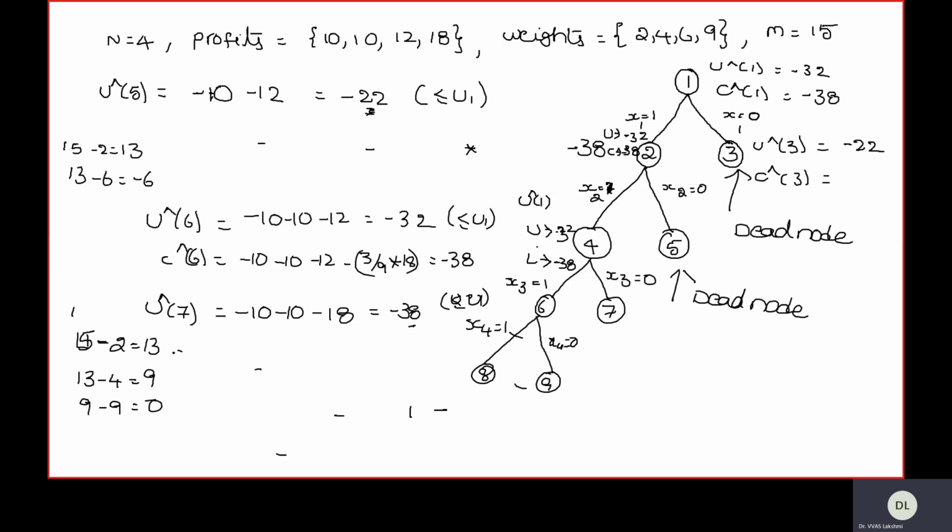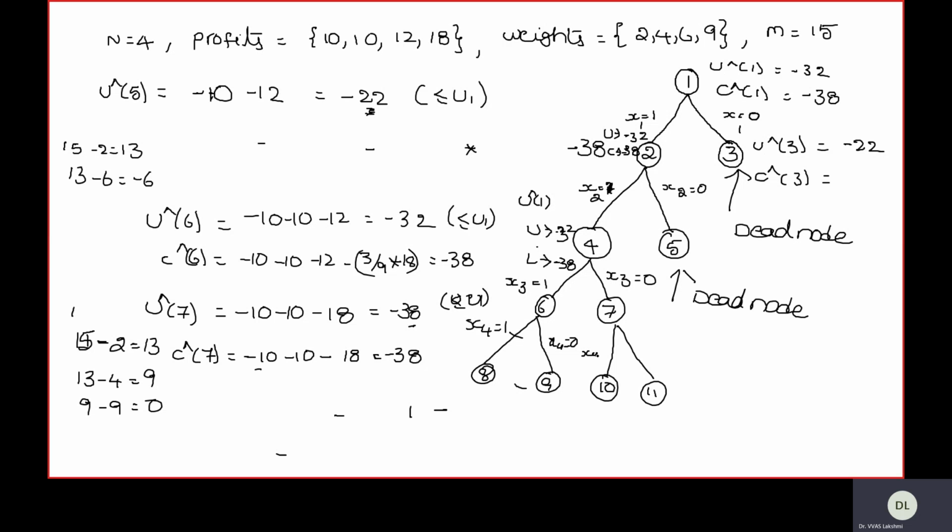So that's why you need to calculate the lower bound of 7 also. While calculating this lower bound, minus 10 and minus 18. Why? Because here we will not consider the third item. That's why the third item is not going to be placed into the bag, and the lower bound and upper bound are equal for this 7. So these are the 11.